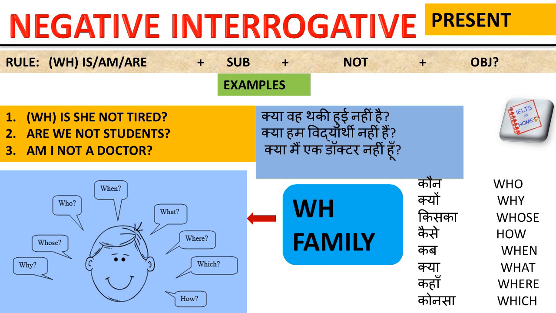And you can see that in this question I haven't used the WH family. I use is, because lots of people have confusion in this, where to use WH and where to use a helping verb. You can use the WH family with a helping verb, but remember, if your answer is in yes or no, then your question will never be in WH form.